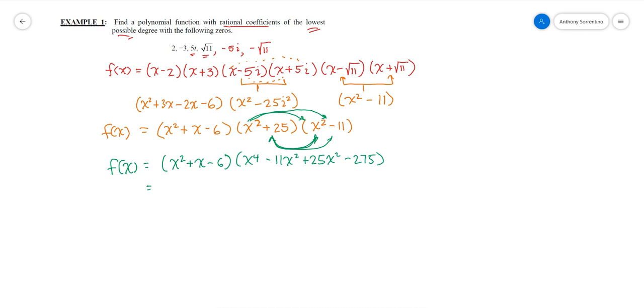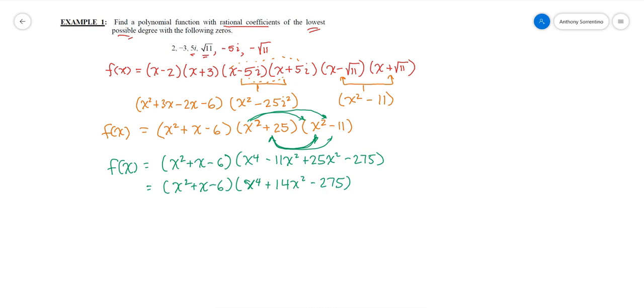And so if I combine some like terms on that one, I'm going to have x to the 4th plus 14x squared minus 275.